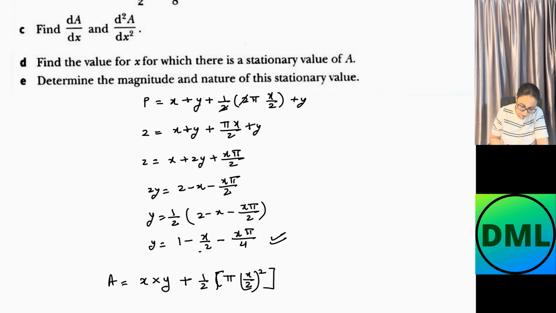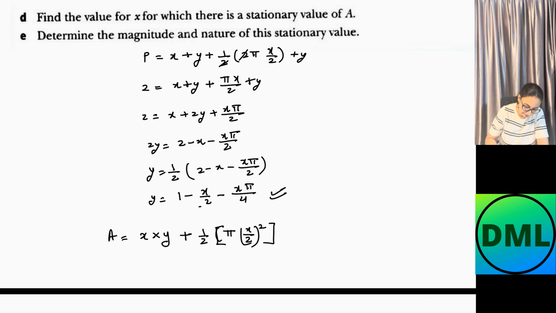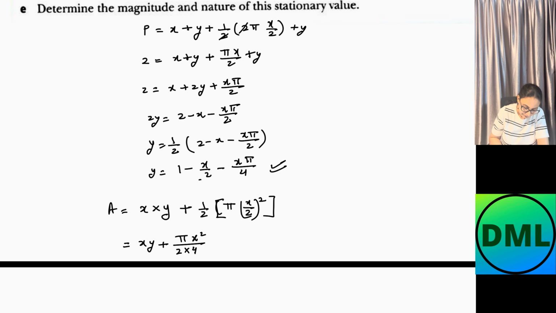This is the value for my area of the semicircle. Let's simplify that. This will be written as XY plus pi X squared by 2 times 4, which will be equal to XY plus pi X squared by 8.